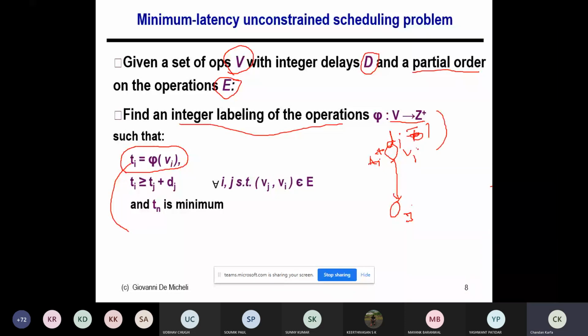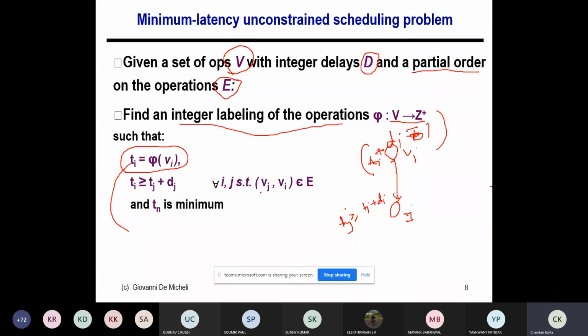So I can only execute vj at tj, where the start time tj should be greater than or equal to ti plus di. So this is what is talked about here.